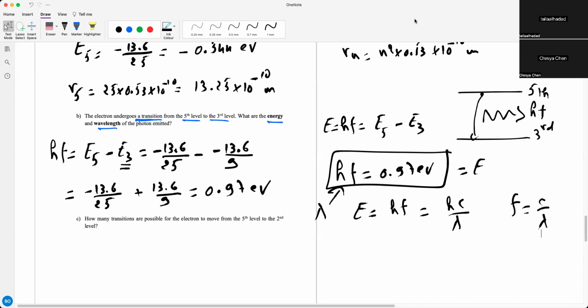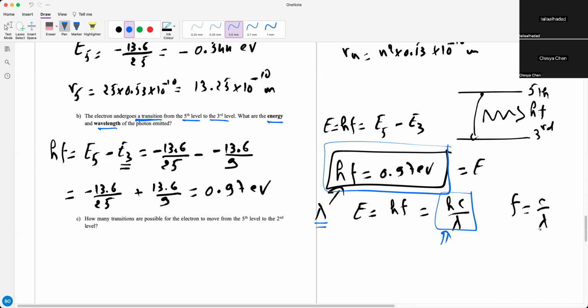Okay, so what I was mentioning is that I got the energy of the photon, which is equal to 0.97 electron volt. I want to calculate the wavelength. Did you understand this? So the energy of the photon is equal to hf, which is equal to hc over lambda, right?